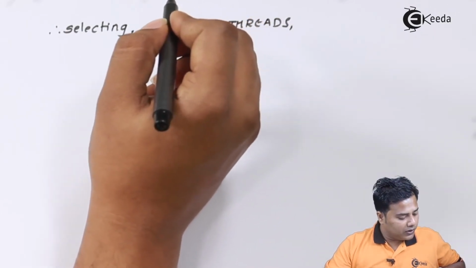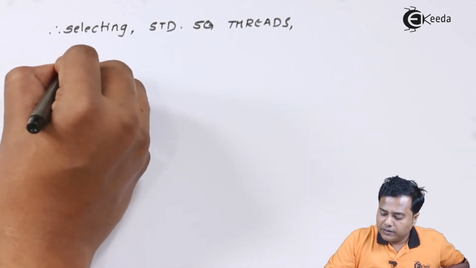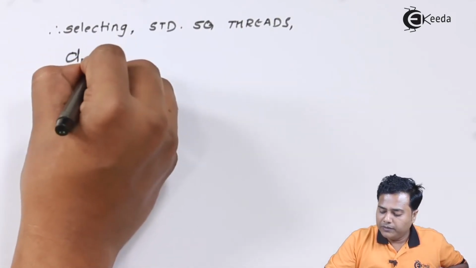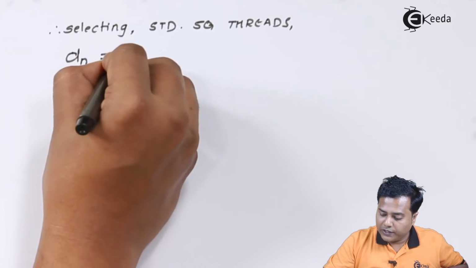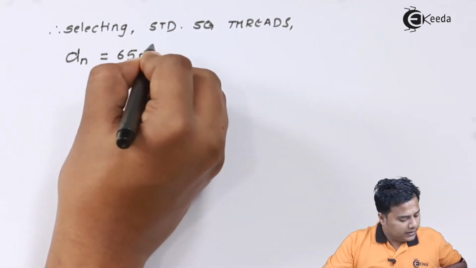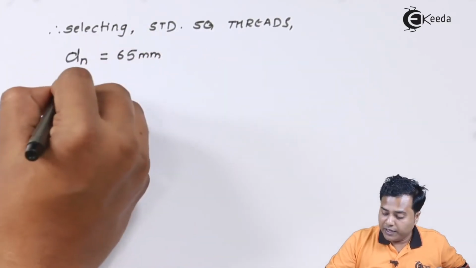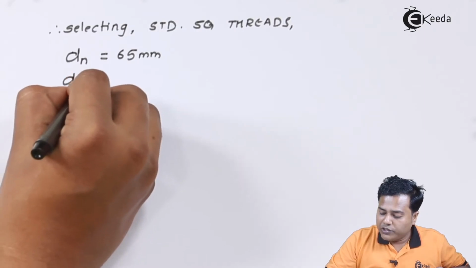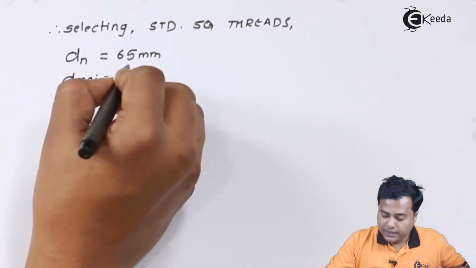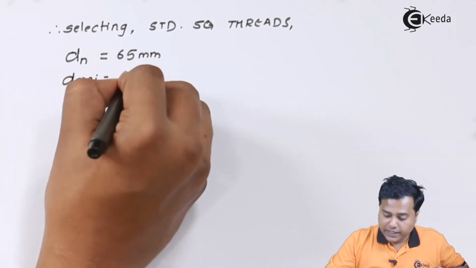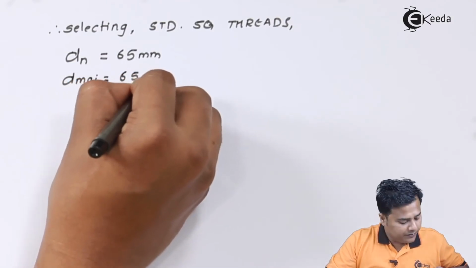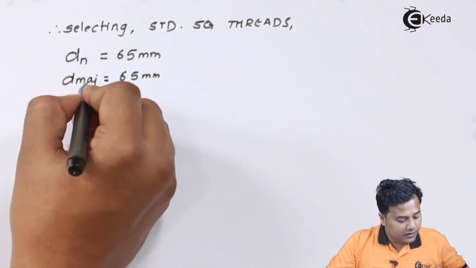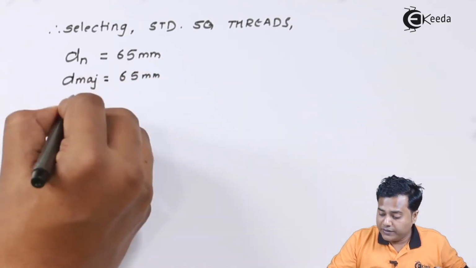So selecting standard square threads, there are certain parameters which we can actually take down. So let us go for the nominal diameter, which is equal to 65 millimeter. Then the second parameter is the major diameter. So D major is 65 millimeter again. Then we'll go for the minor diameter, which we have already said.